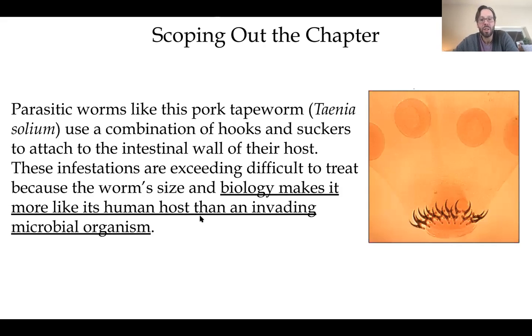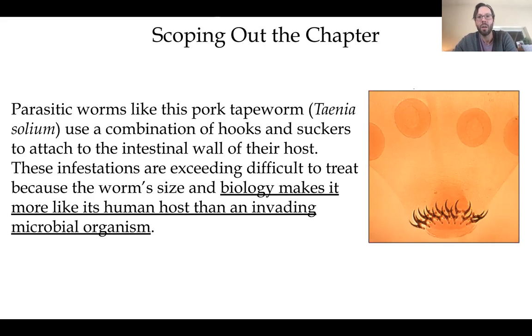Now, parasitic worms are tricky to treat, as are some of these other organisms, because if you guys remember when we talked about microbial control a few weeks ago, prokaryotic cells have different mechanisms in their cell. And if we target those things, it's selective.